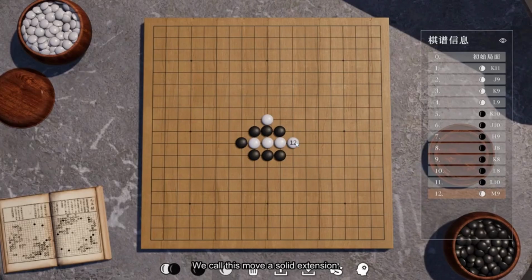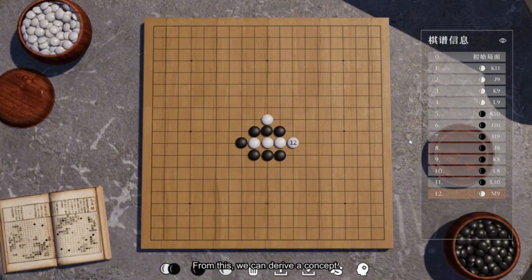We call this move a solid extension. After the stone makes a solid extension, it has 3 liberties. What about after black's move? Black is unable to continue playing Atari against white. So this white group has temporarily become settled.